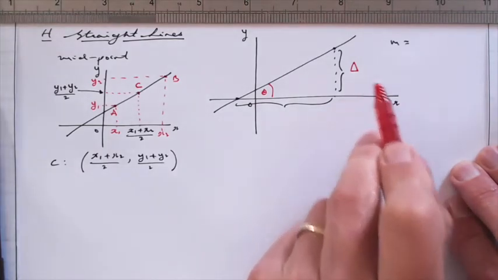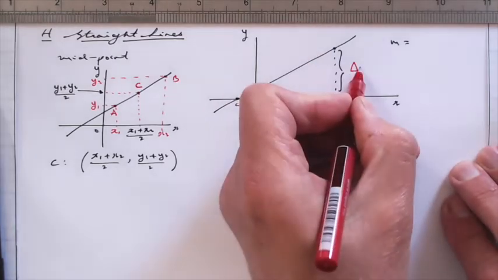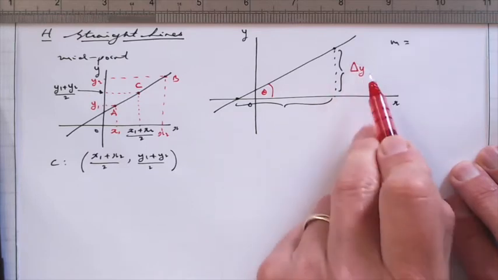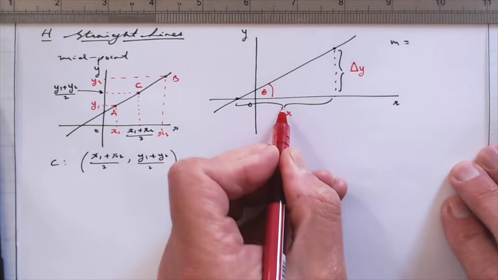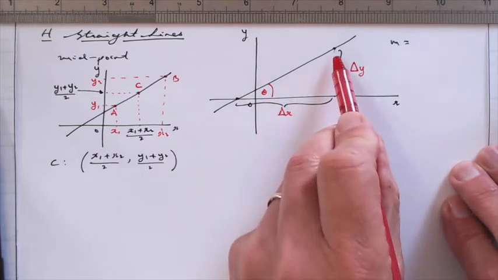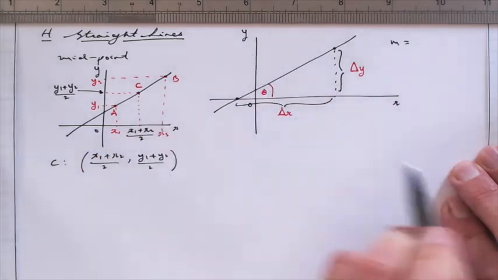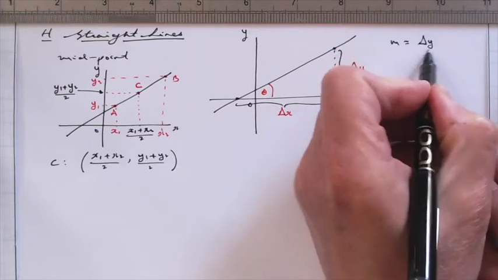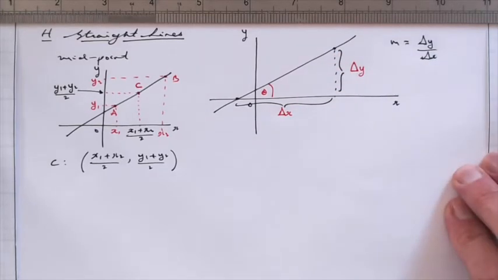So delta is the 4th letter of the Greek alphabet, and this is the capital delta. So if I write that as delta y, that literally means in maths the difference in y. And similarly here, I can write delta x, the difference in x between the x coordinate of this point and that point. That's just a very handy shorthand notation, and so the gradient of a straight line is delta y divided by delta x. We're going to see a lot of this when we do calculus, but it's nice to introduce that right away.